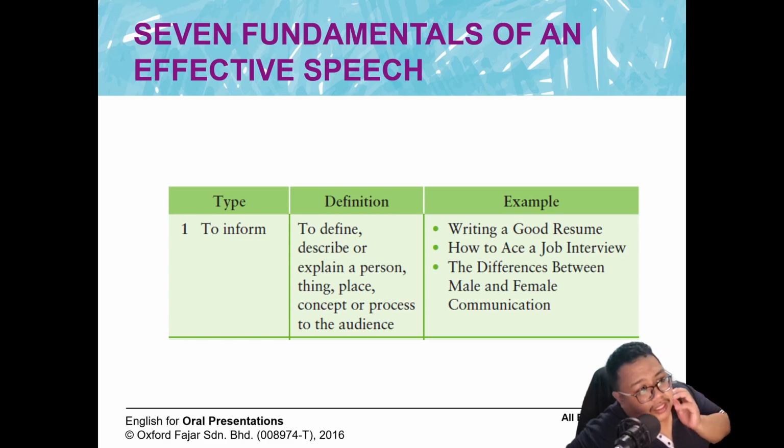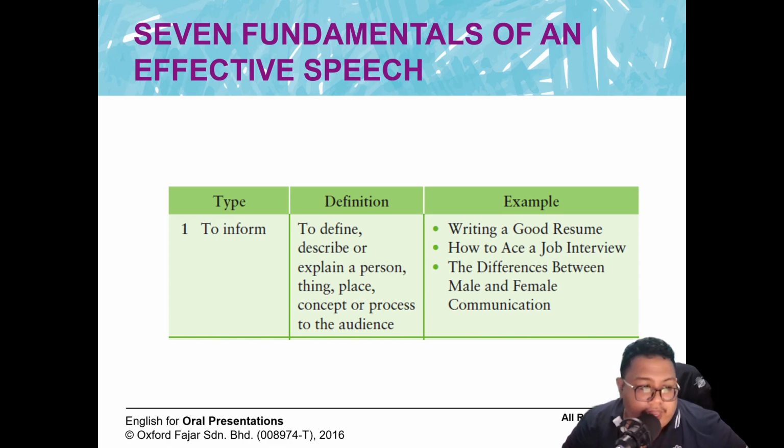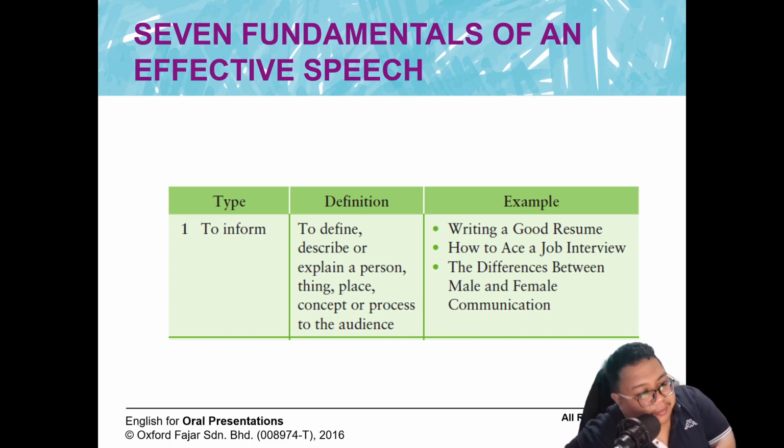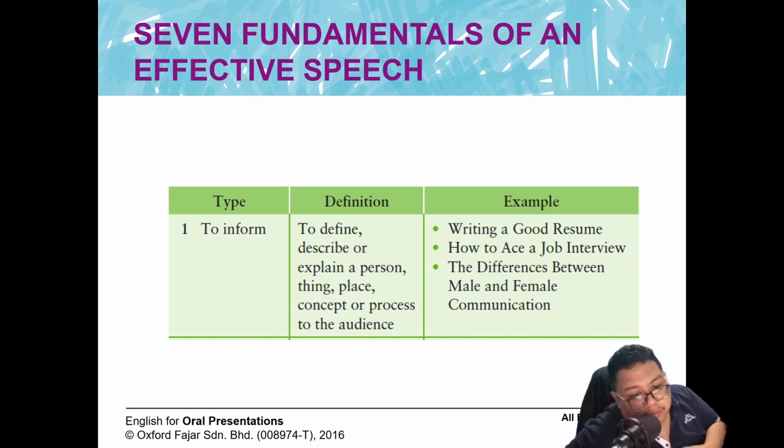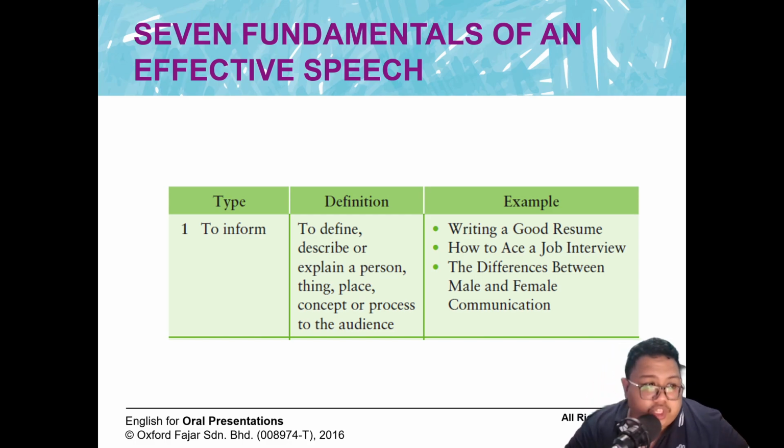The 7 fundamentals of an effective speech. The first one, to inform. There are types of speech where you want to inform. The definition is you define, describe, or explain a person, thing, place, concept, or process to the audience. For example, writing a good resume, how to ace a job interview, the differences between male and female communication.